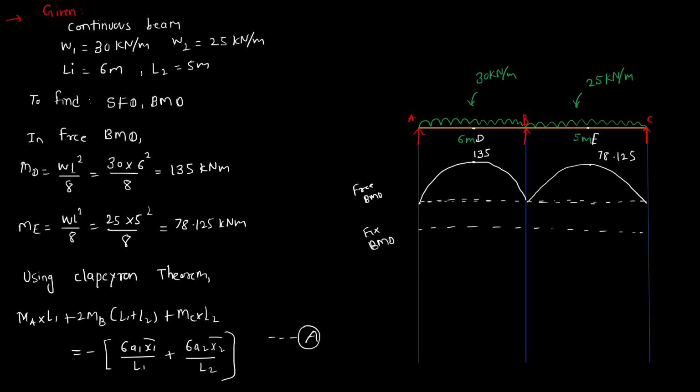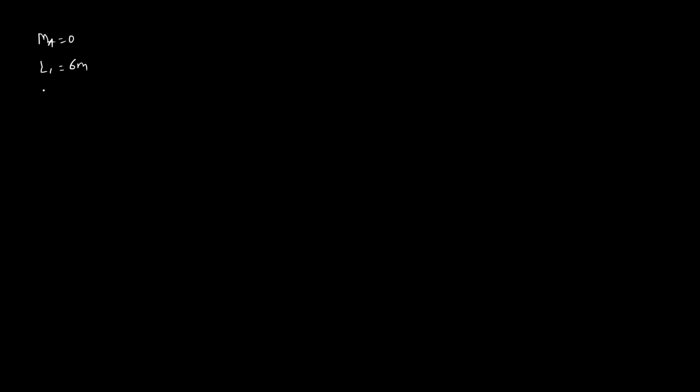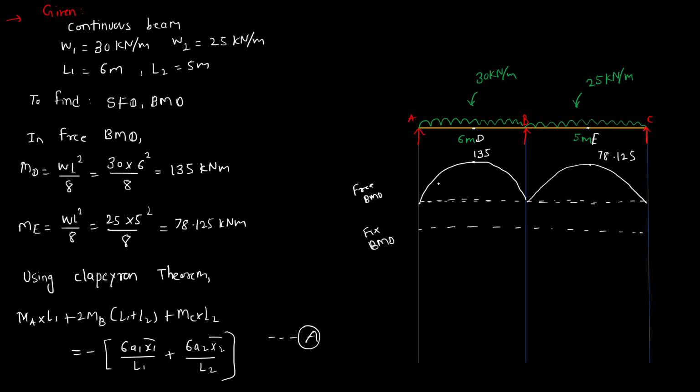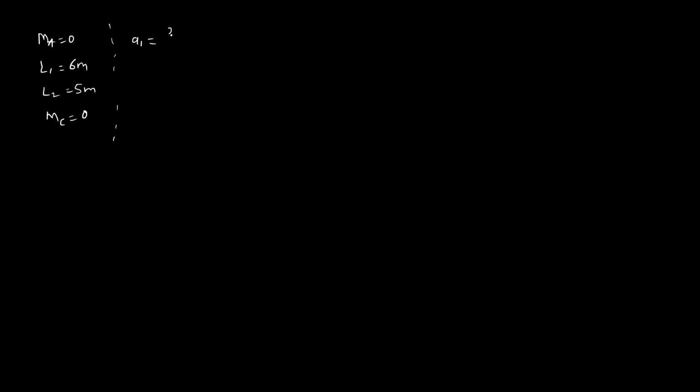So the value of MA here, free end, so 0, L1 is 6, L2 is 5 meter, moment at C is also 0. Now the area of the first diagram, that is this area. So to calculate this, we'll use the formula 2 by 3 times of AB.